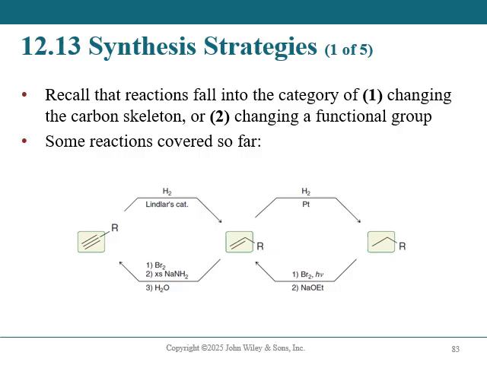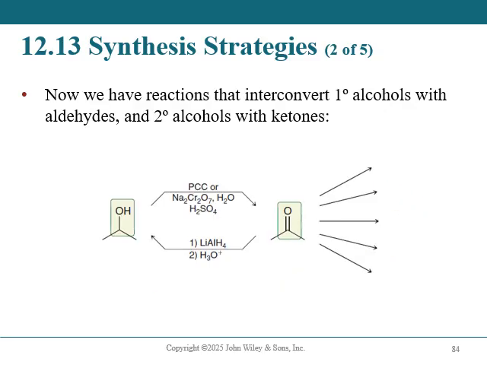Typically, reactions fall into two categories when we talk about synthesis strategies: first, changing the carbon skeleton, or second, changing the functional group. Some of the reactions we've seen so far, going from an alkyne to an alkene to an alkane, we've seen plenty throughout the semester.